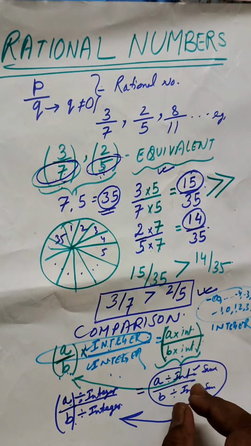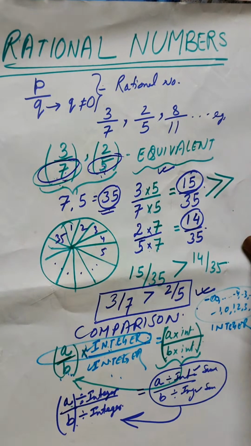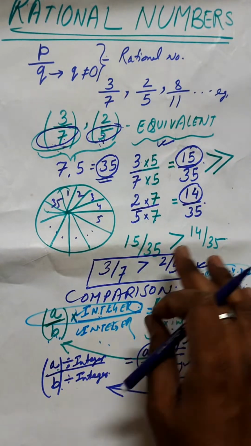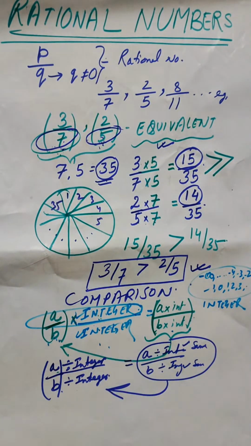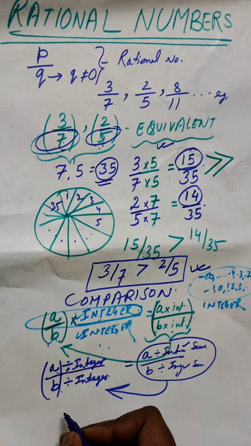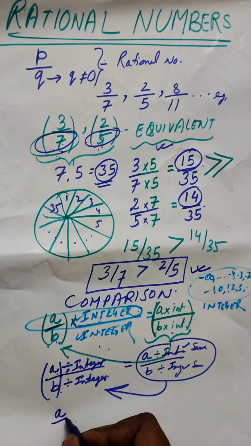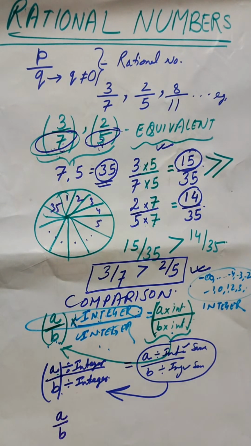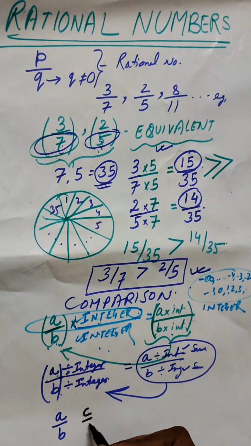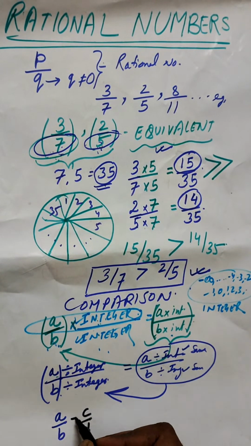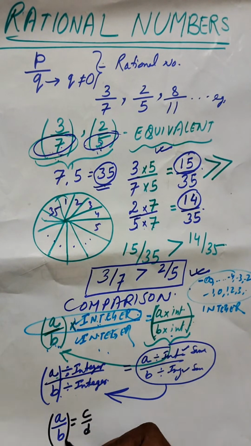Now, if you want to represent a rational number, these are the two properties which are followed. You can multiply it, you can divide it. Now the third property: let's say a by b is a rational number and another rational number is c by d, and the values of these are equal.